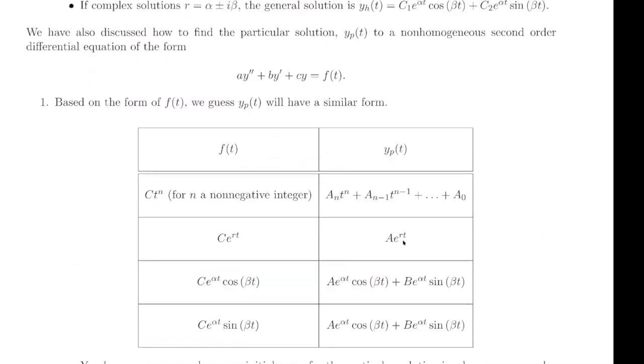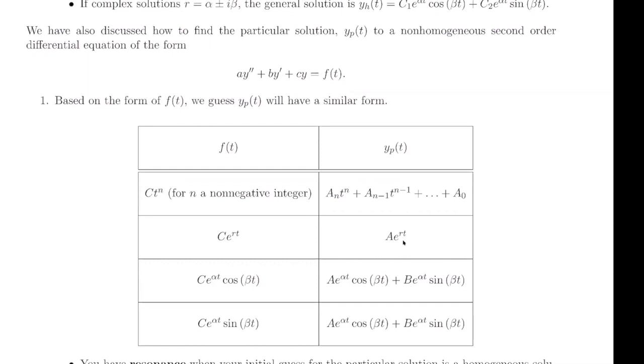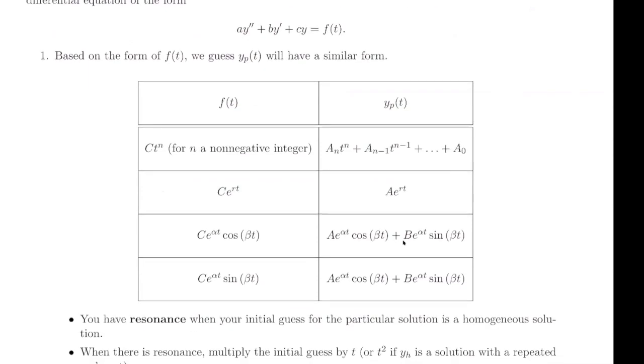And if we have a forcing function, which is non-zero over here, then for the particular solution, we would guess things that look like this. And just remember that when you have a sine or a cosine, then you should be guessing terms that have both the sine and the cosine in them.